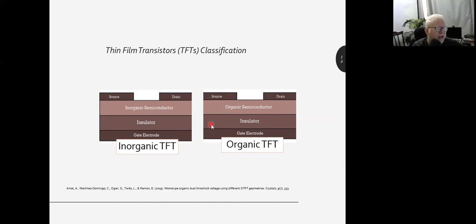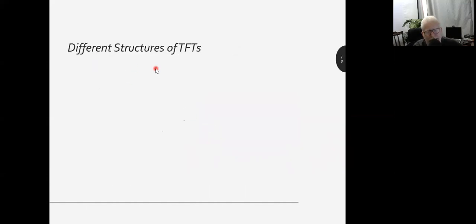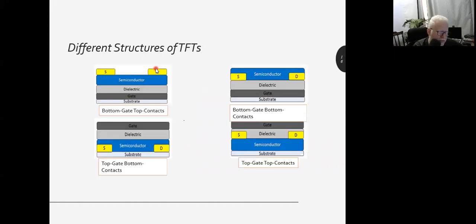Okay, so here we can also have different schematics. These are the four different configurations. We usually classify the configuration based on both aspects, the gate position and the contact position. This, for example, is called a bottom gate top contact configuration.